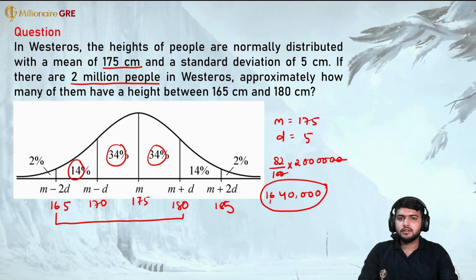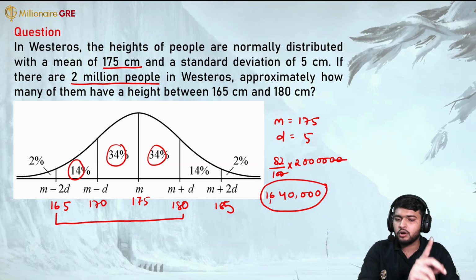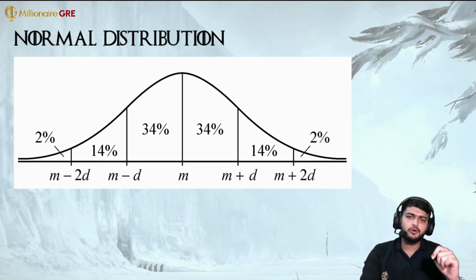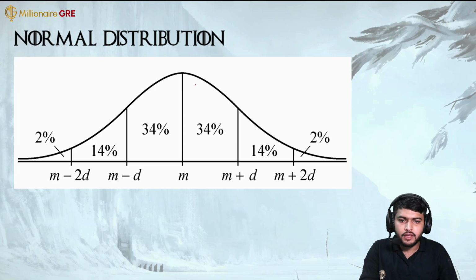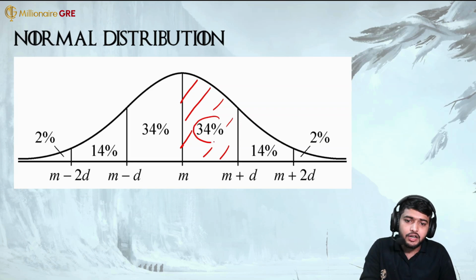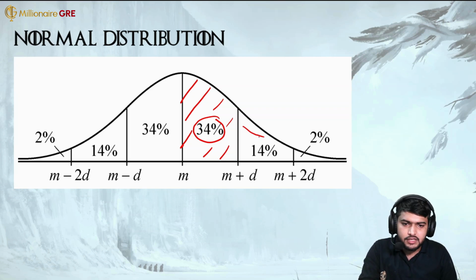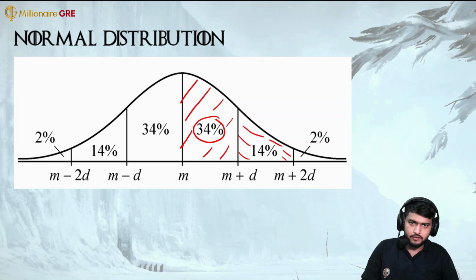And with this, we have discussed most of the concepts about normal distribution, but there is one more thing left. And that is these percent values also represent the area under the curve. What do I mean by that? If the total area under the curve is 100%, if you find this area, it will be exactly 34% of the total area under the curve. Similarly, this area will be exactly 14% of the total area under the curve.